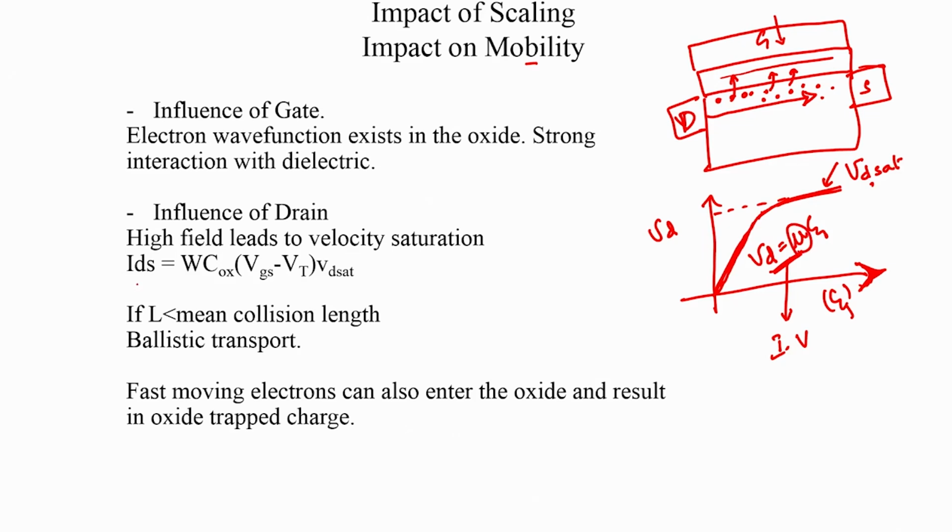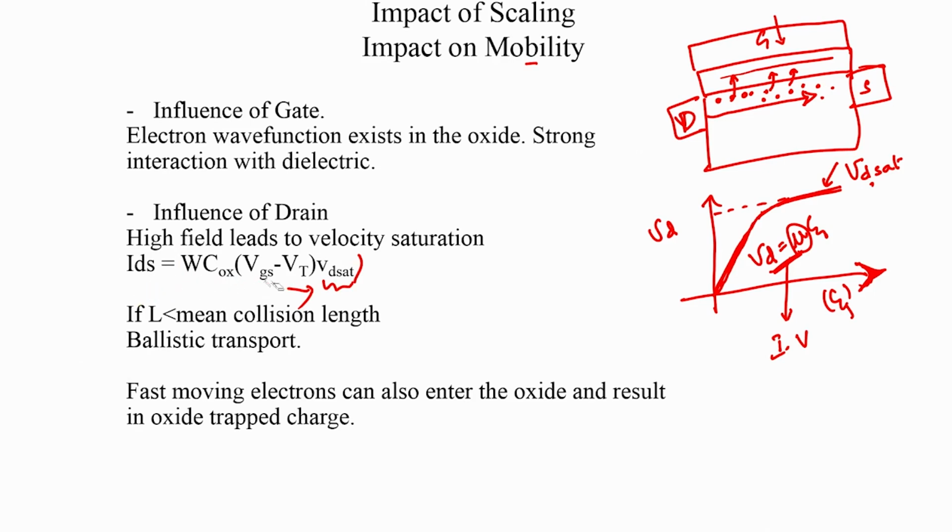And in fact, the current voltage relation here, the drain to source current, is given by basically the total charge present in the channel times V_D sat. So, this is the charge per unit area times W times length per unit time that will determine the current through the drain and source.